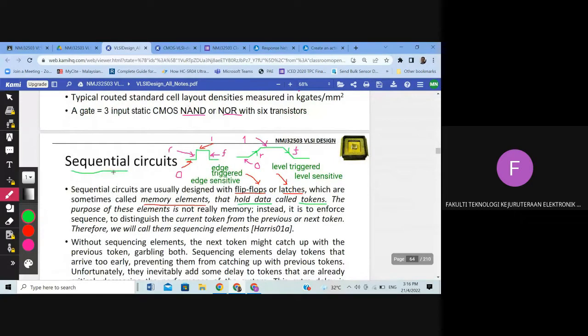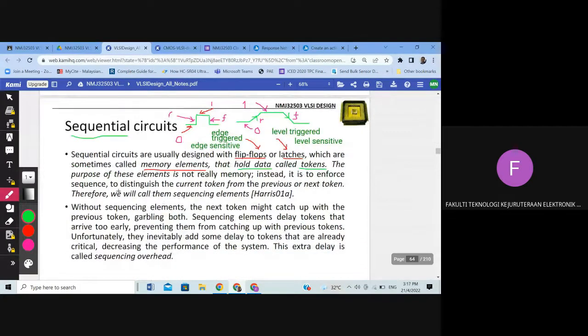So one after another. This will distinguish the current data or current token from the previous token, previous data, and next token. So that's actually the definition. When you are asked to give the definition or explain something related to sequential circuit, these three elements need to be discussed clearly.